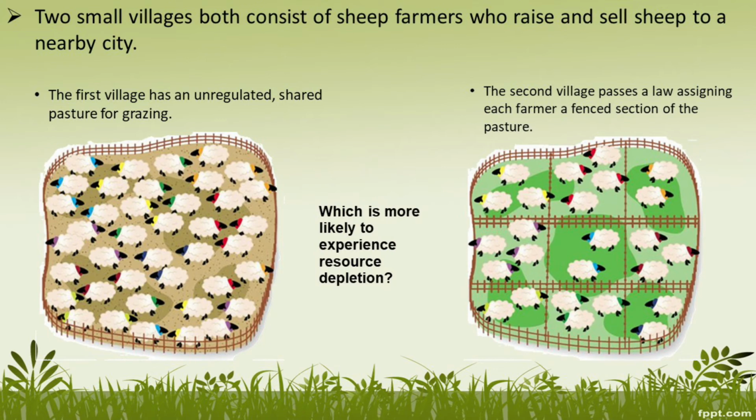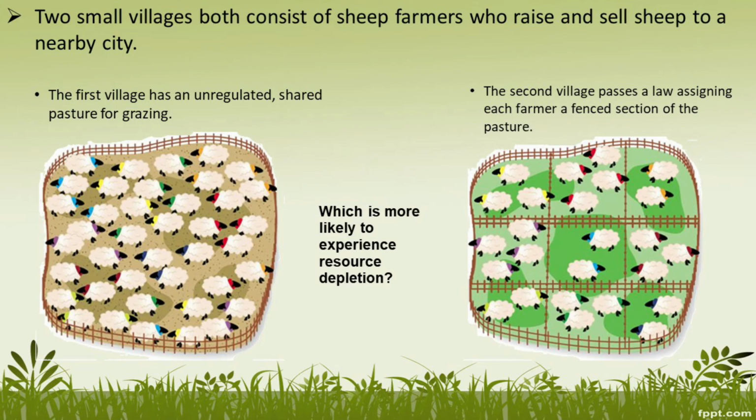So in this example, the second village will tend to maximize the resources, and at the same time will also avoid conflict between the farmers.